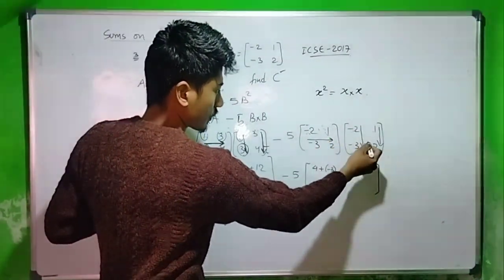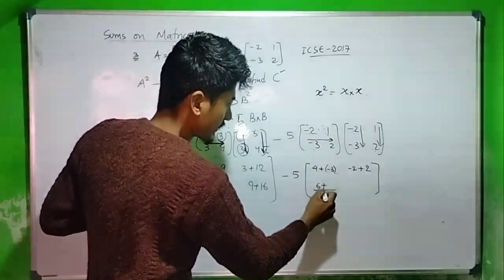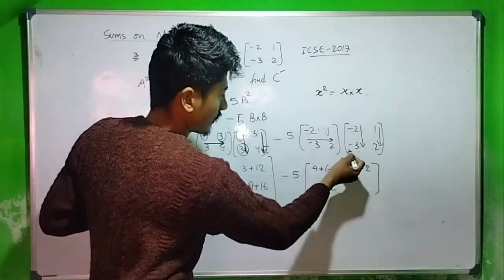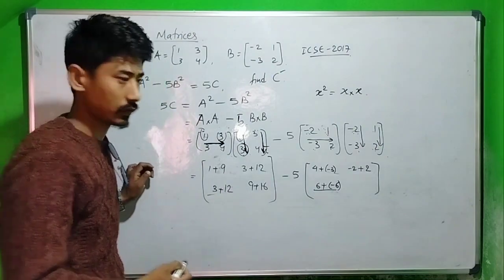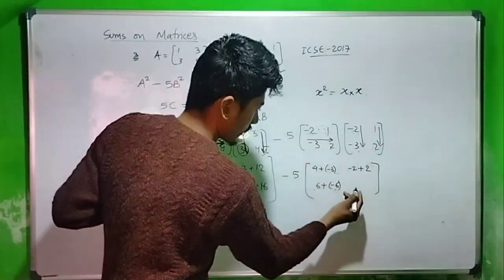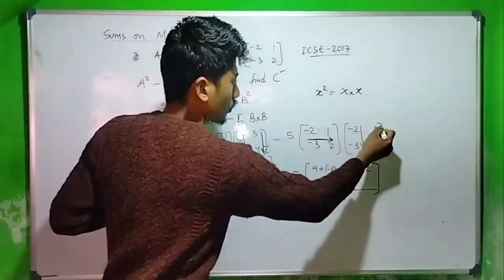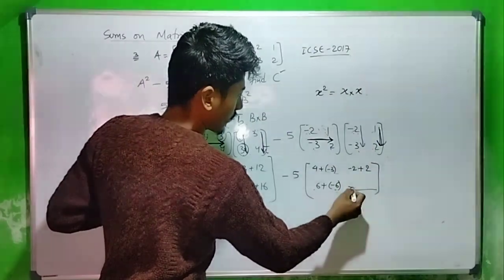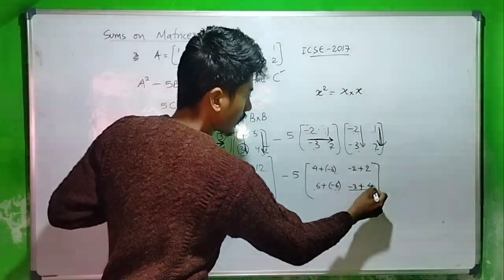Second row into first column, tail, -3 into -2, that is +6, plus 2 into -3, that is head, -6. Alright, so it is also finished. So we go to the fourth element, second row into second column, that is -3 into 1, -3, tail, plus head, that is 2 2s are 4.